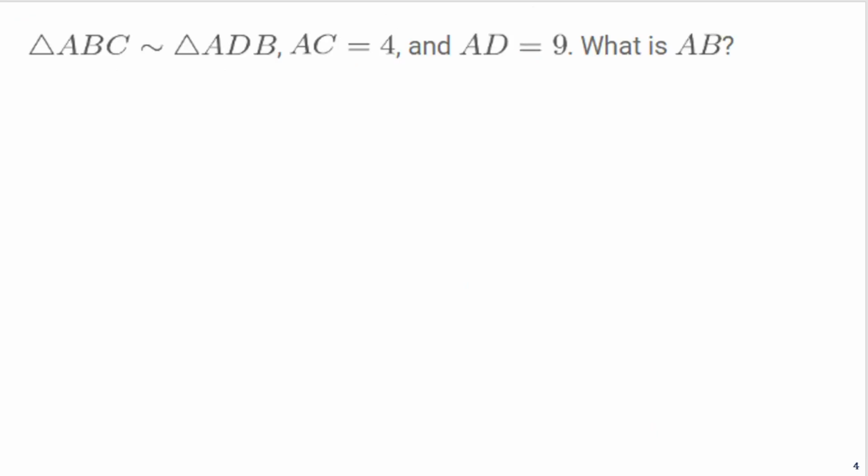Alright, then let's consider another exercise. Suppose you're given triangle ABC is similar to triangle ADB, and we know side AC equals 4, side AD equals 9. What is AB?